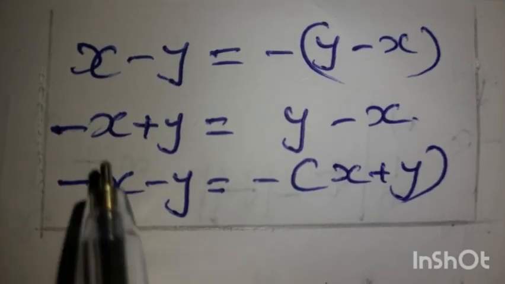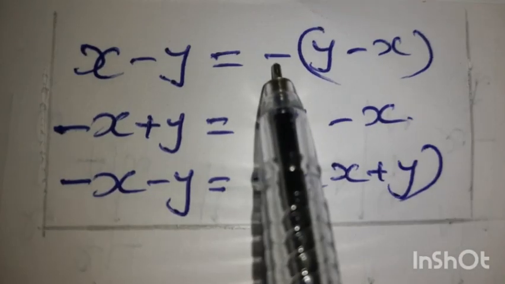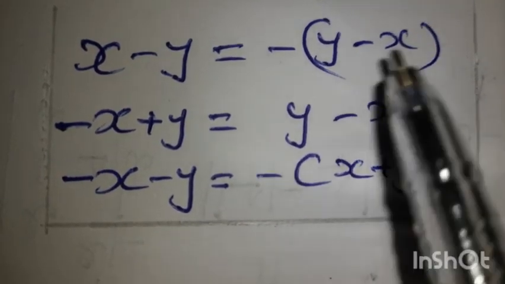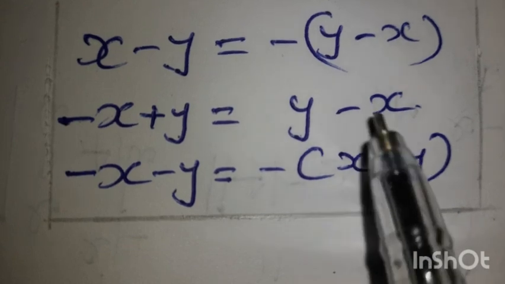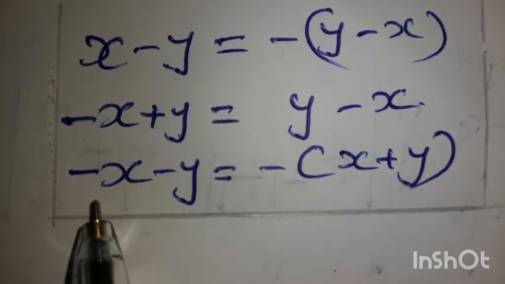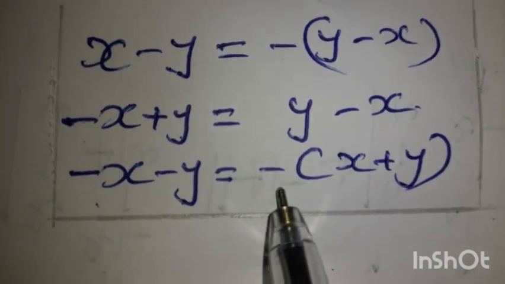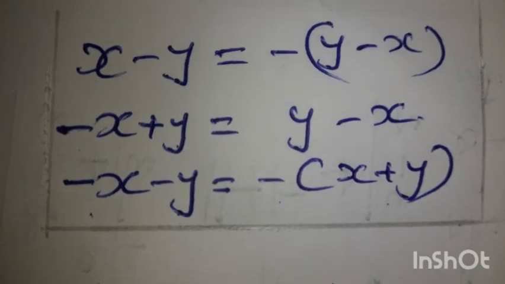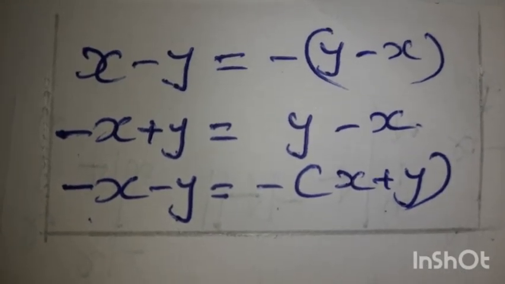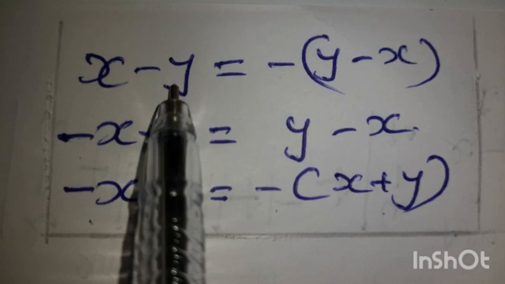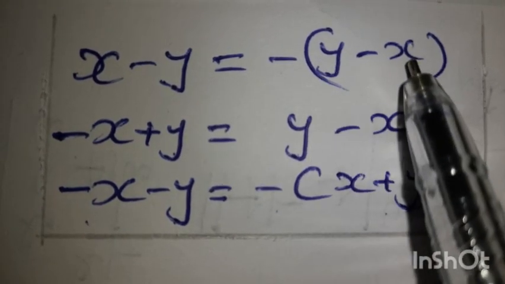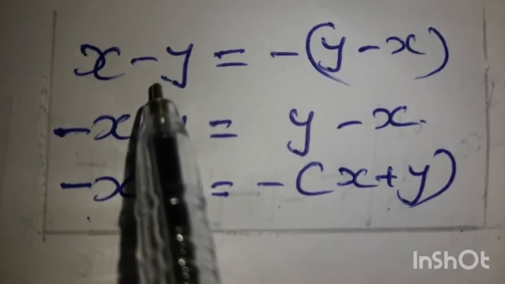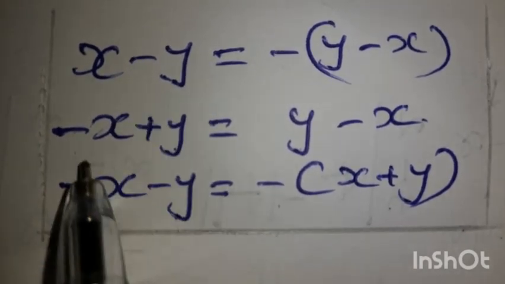Remember these three equations. x minus y is minus of y minus x. Minus x plus y is y minus x. Minus x and minus y is equal to minus of x plus y. If two numbers are subtracted, what do you have to do? You have to subtract from higher number to lower number and keep the sign of the higher number.